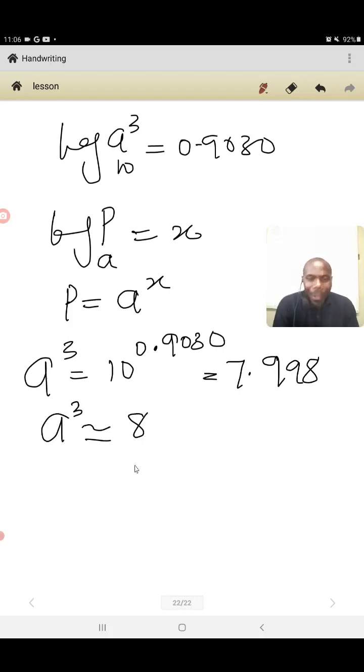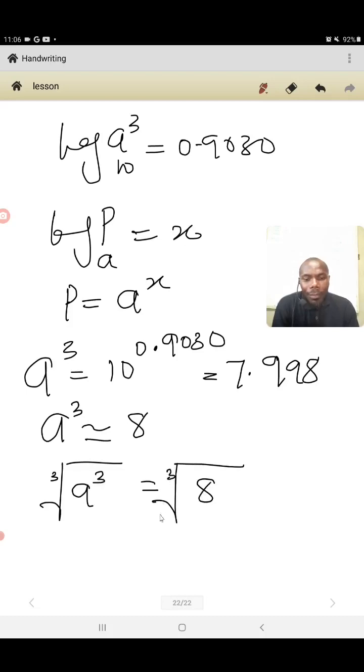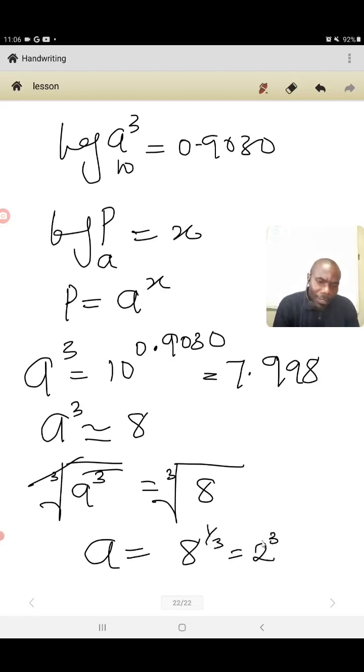So now you find the cube root of both sides. You take the cube roots of both sides. So this will cancel this. A will be 2 cubed raised to 1/3. We go back to the law of indices.